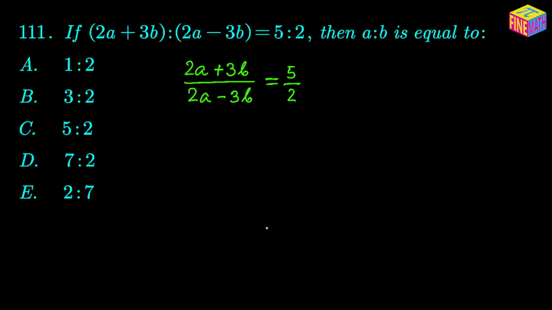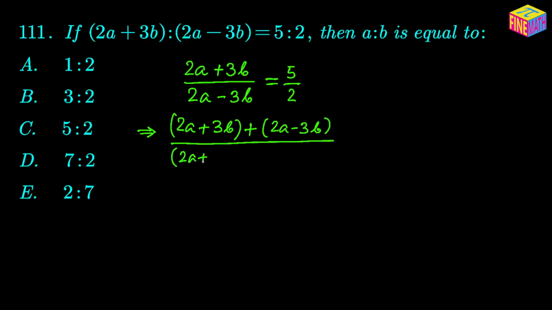And to solve this kind of problem, we can use the componendo and dividendo property of proportion. So using the componendo and dividendo property, we can say that (2a + 3b + 2a - 3b) divided by (2a + 3b - (2a - 3b)) will be equal to (5 + 2) divided by (5 - 2).